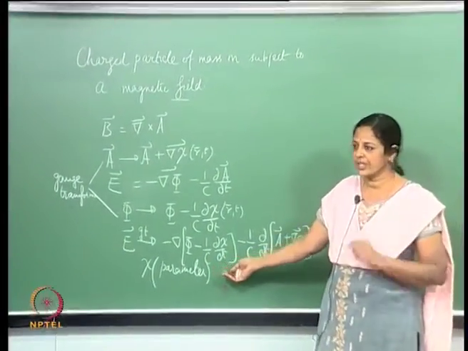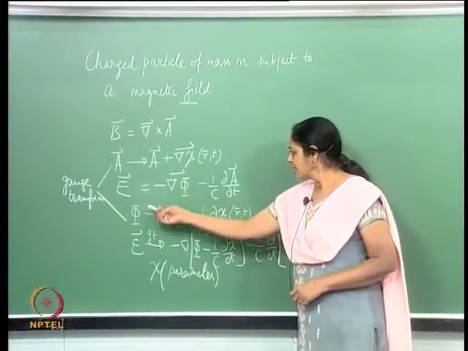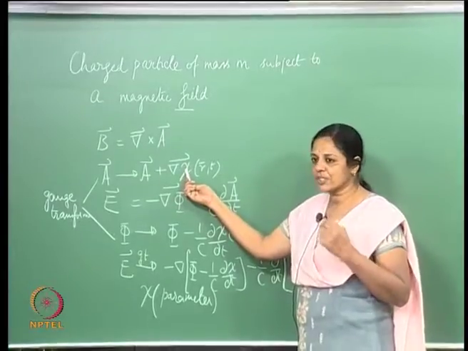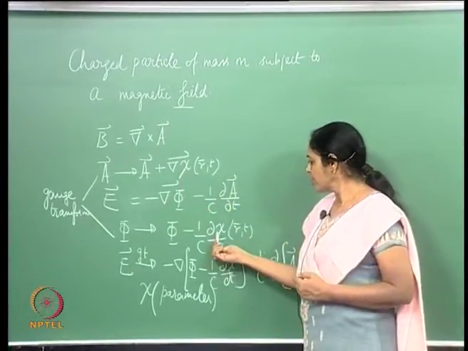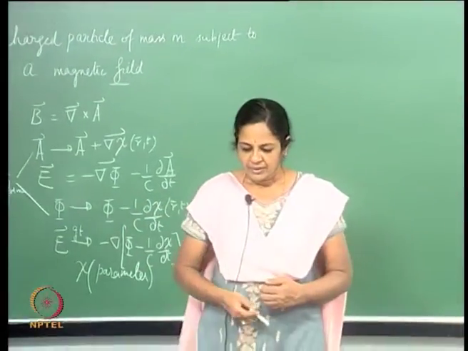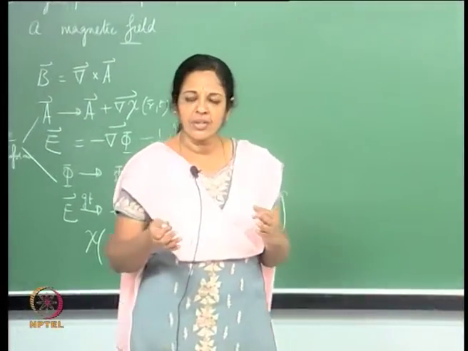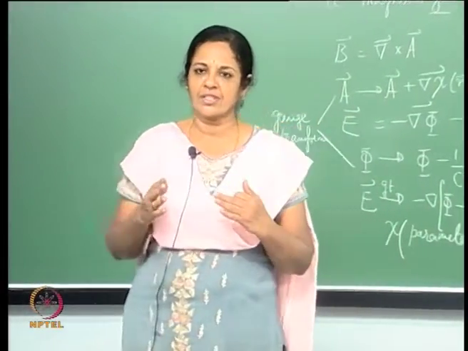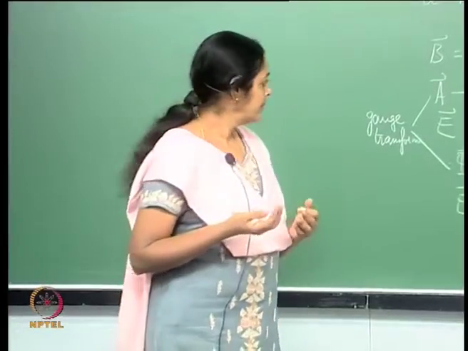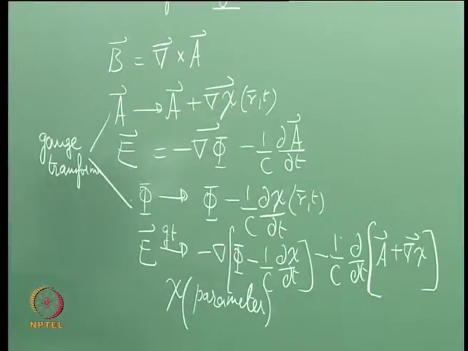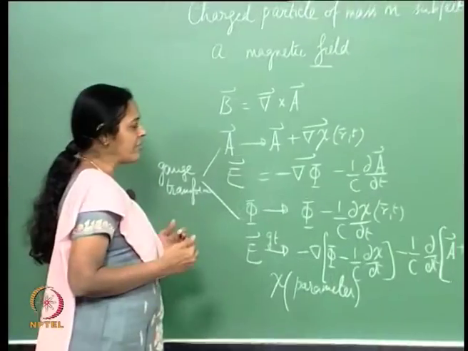The only feature that I need to remember is this, that if A changes by gradient of a given specific chi, phi should change in this manner using the same chi. Now, under a gauge transformation, therefore, the vector and scalar potentials change, leaving the electric and magnetic fields invariant. So, several choices of A's and phi's can be used.